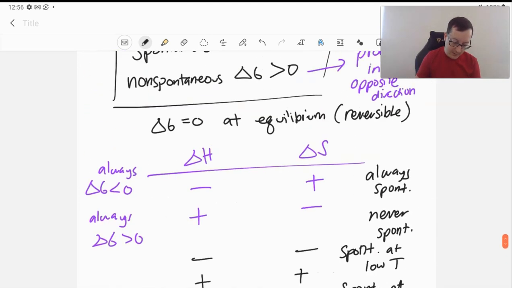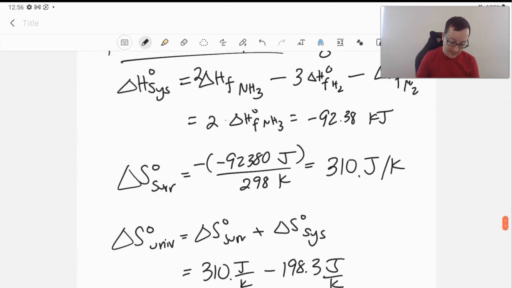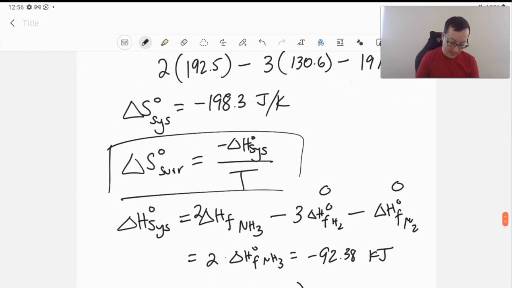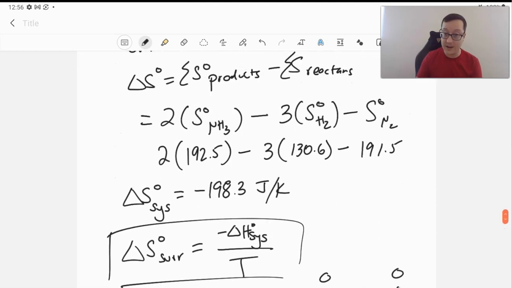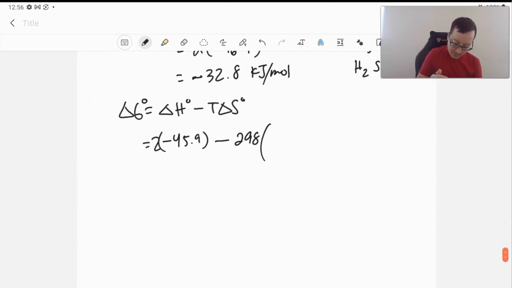Let's scroll up to where we calculated this delta S. We calculated it to be negative 198.3. Problem solved.